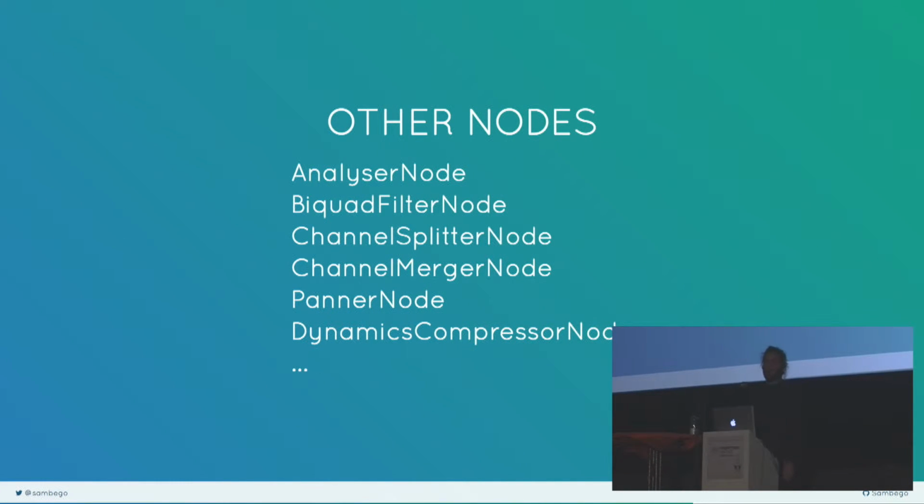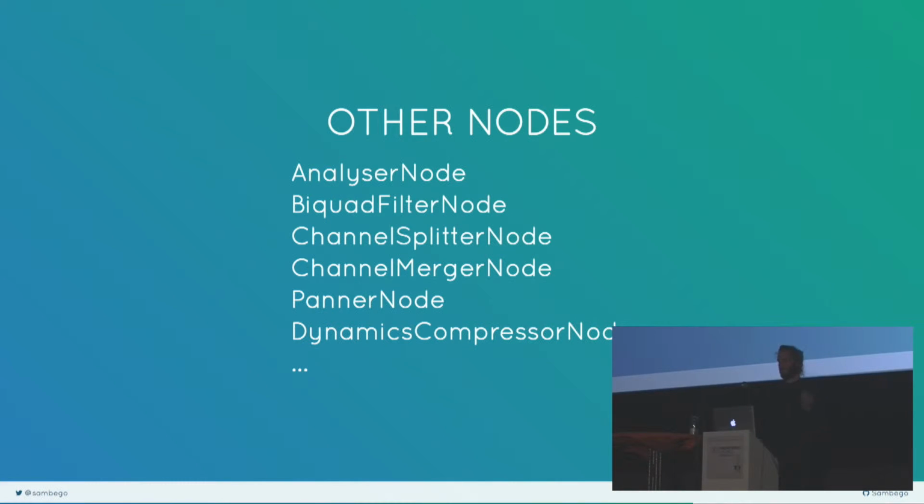There are a lot of other nodes, which I'm not going to talk about in detail because I could keep on talking for hours. These are a few other important ones. An analyser node, which is to analyze your sounds. You might have seen in my starting slide, there was the sound wave of me talking. You can analyze the frequency of your sound. A biquad filter node is to filter some frequencies or add a low pass or a high pass filter.